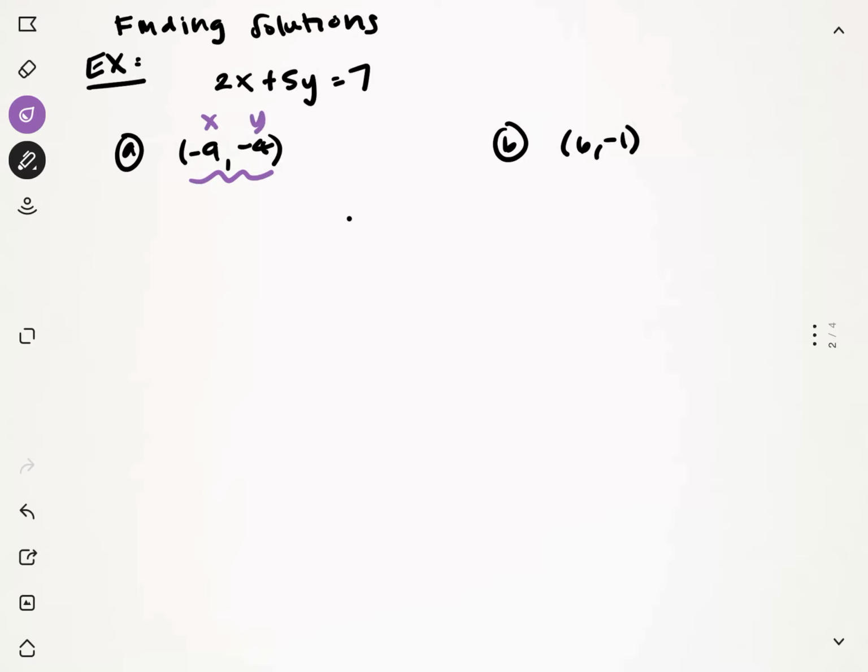If it's true, then we'll say that we have a solution. So first step is substitute our x and y. In this case, we're going to have 2 times -9 plus 5 times -4 equals 7. And what we're going to do is simplify.